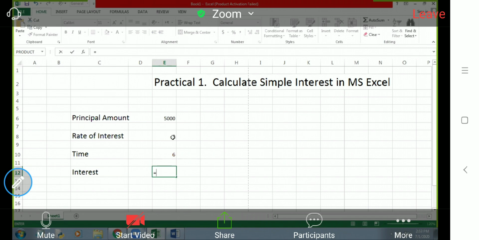Similarly, we need the cell reference of the rate of interest. This is P here.